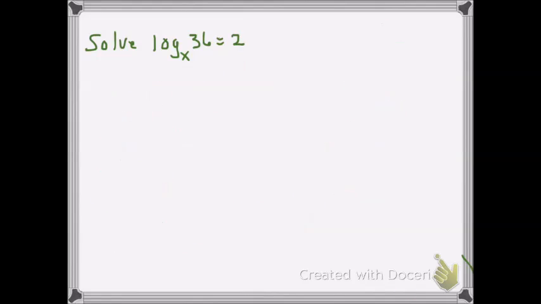Okay, let's use some properties here to solve this equation for x. x is the base of the exponent, so let's immediately switch to the exponential form. x squared is equal to 36. Take the square root of both sides and we get x equal to plus or minus 6.